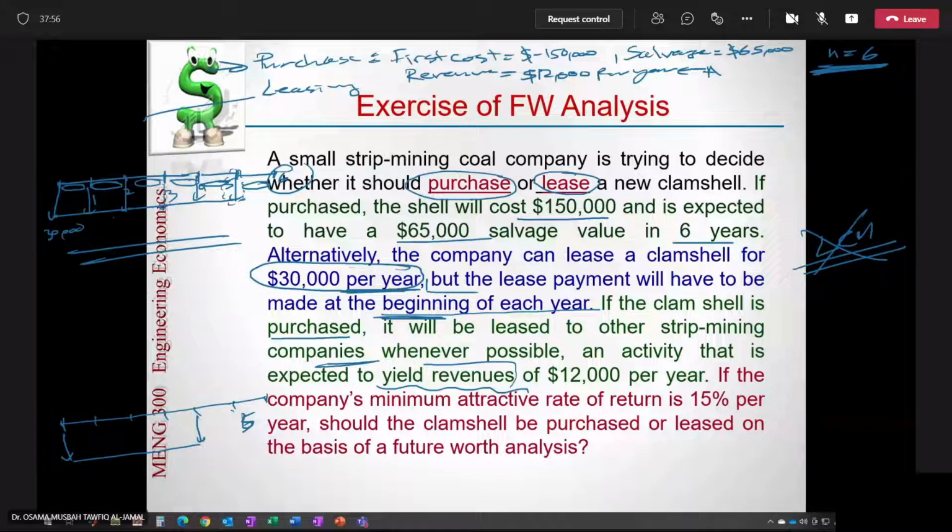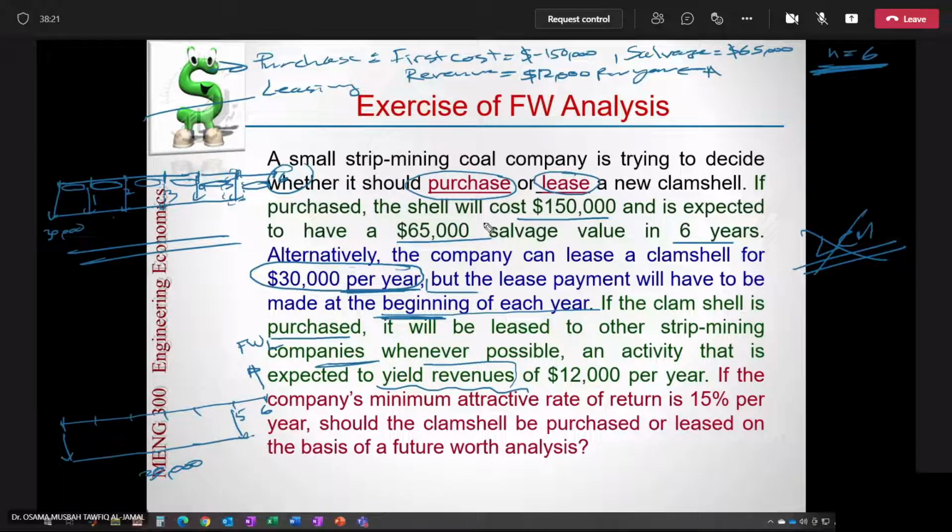So that, $30,000. We can find the future worth in here. For what? For a lease.